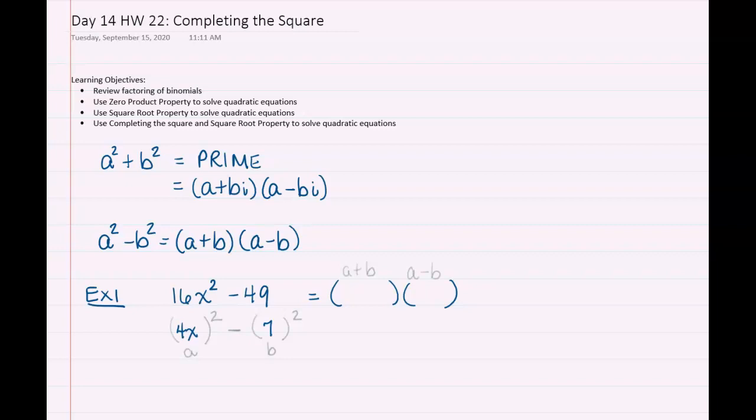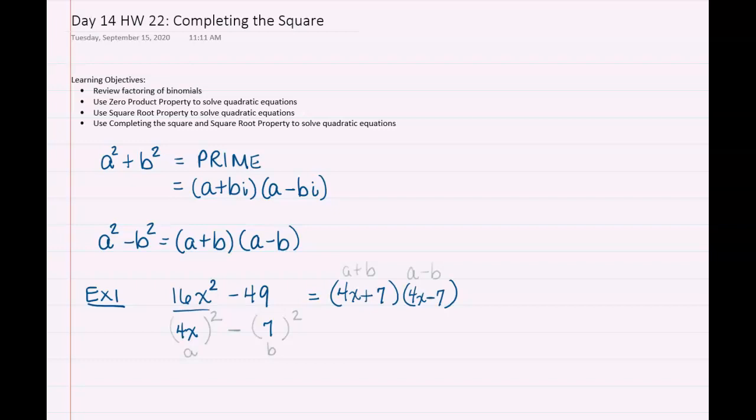So if we do our factors, we're going to see that we're going to have 4x and 4x, which makes sense because when we're multiplying 4x times 4x, we're going to get our 16x squared. And our b is going to be 7. That makes sense as well, because if we multiply 7 times 7, we're going to get our 49. So now we see that we need one of them to be plus and one of them to be minus.